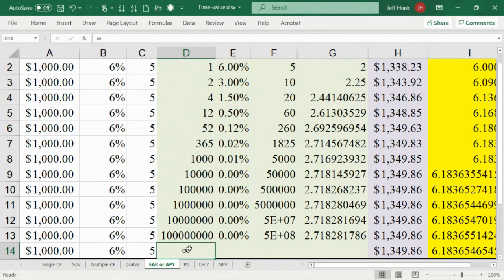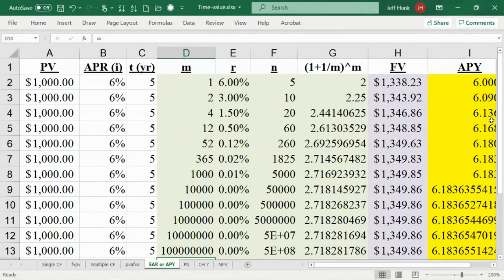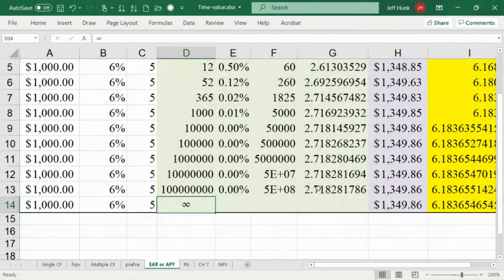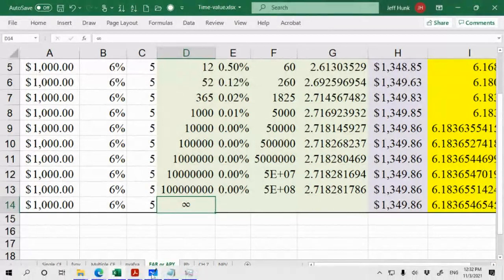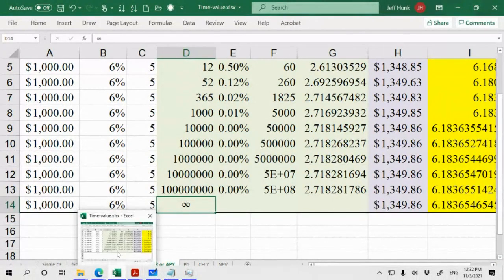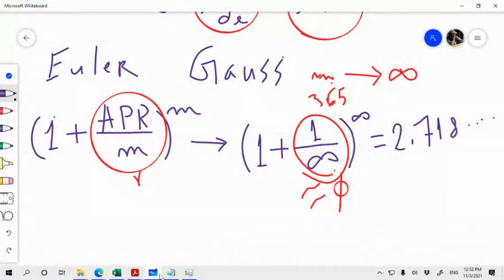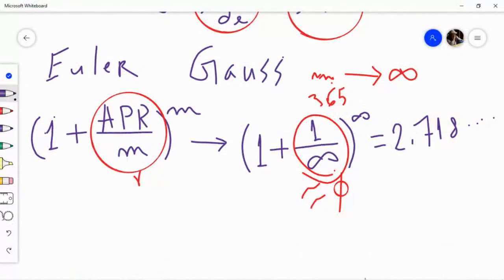In other words, if you extend the frequency to infinity, still it's going to be around 2.718 something, something, something. So that number is called Euler's number.